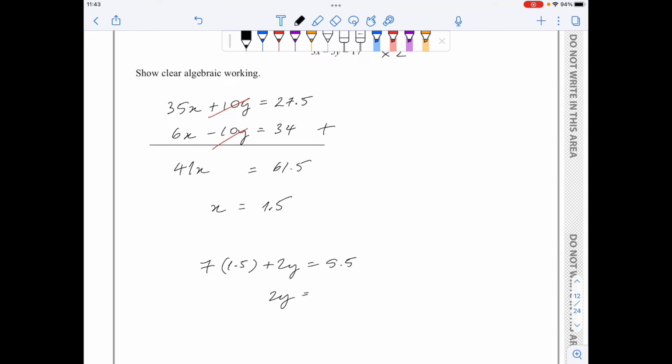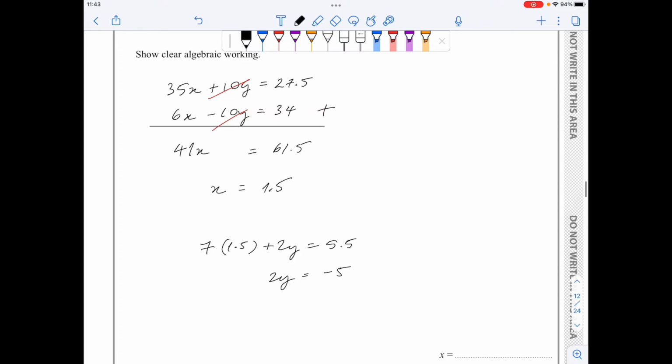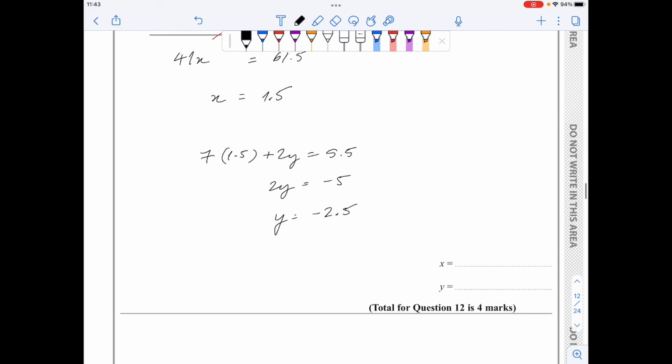So 2y is equal to 5.5 minus 7 times 1.5, which gives me minus 5. So y is minus 5 over 2, which is minus 2.5 as a decimal. So the two answers are 1.5 and minus 2.5.